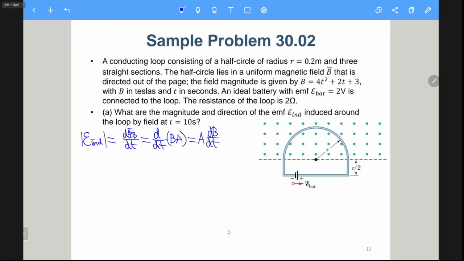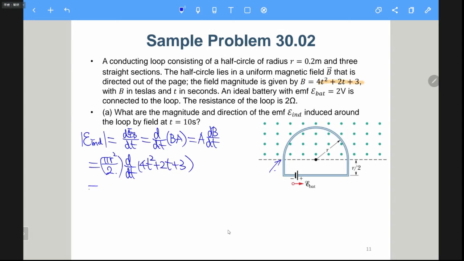So next, A. A is the area of the half circle, so it is pi r squared over 2. And then B. B is this one, so we have 4t squared plus 2t plus 3.